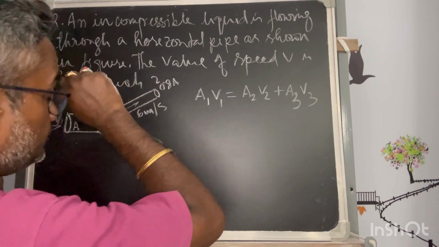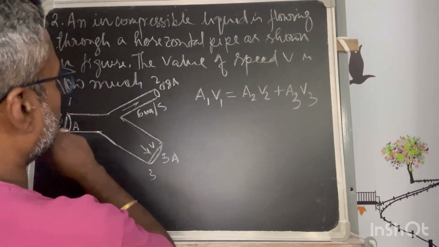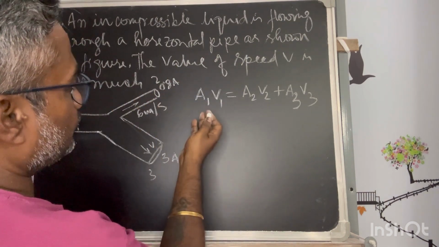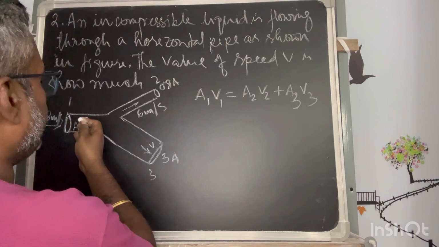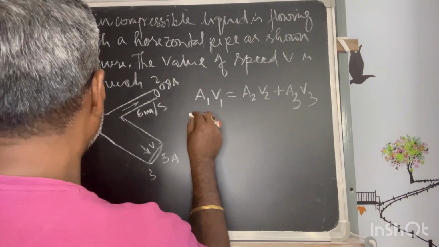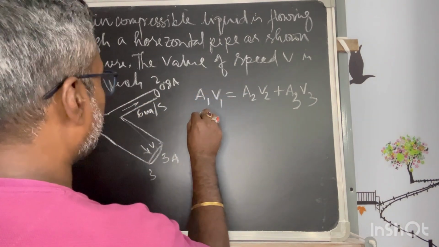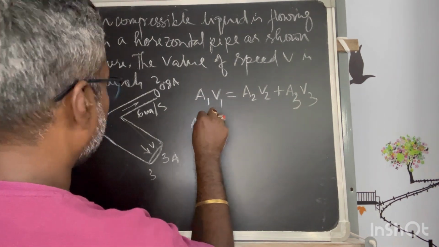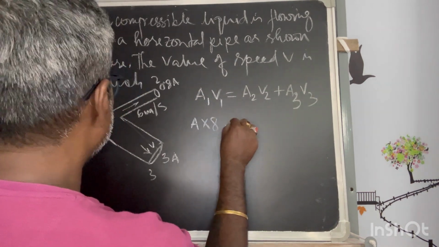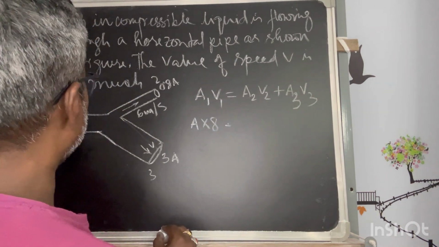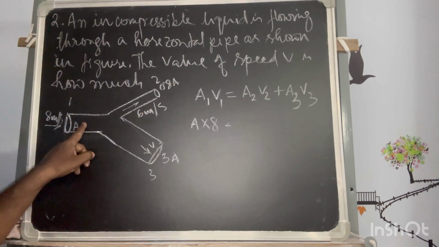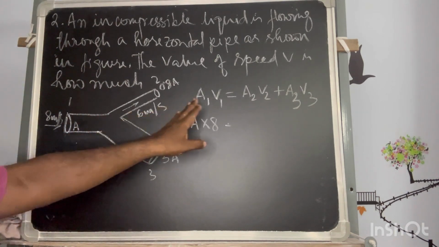This is circular again, but you need not put the formula because the area is given as A. So you need not put any specific formula; A is A, velocity is 8. We are following the same units. Although there is no unit for the cross section, the unit has to be the same.